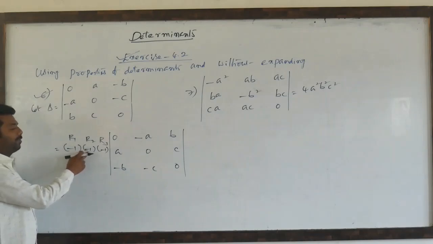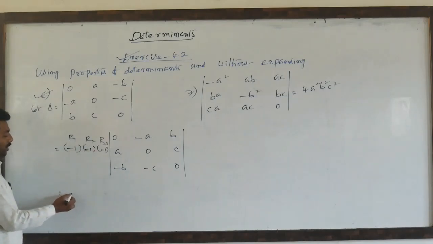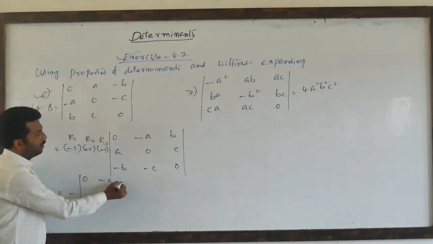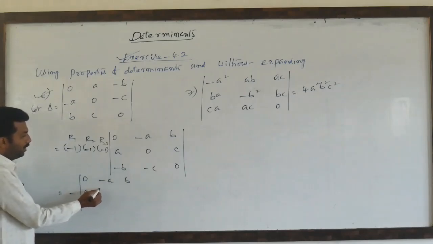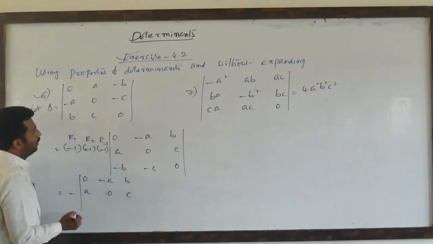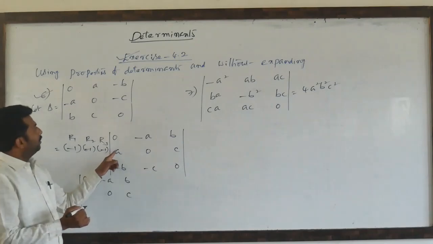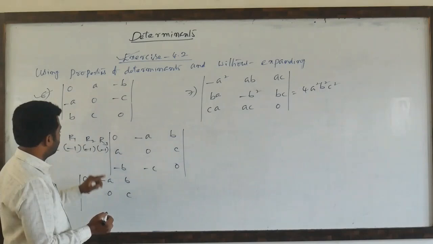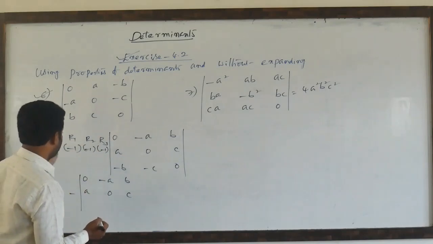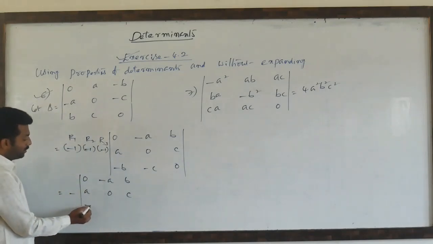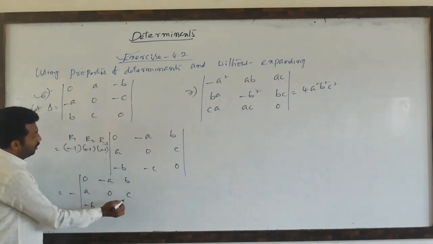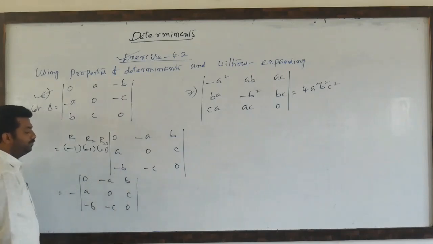Minus into minus, plus into minus, so totally this is a minus result. So this is 0, minus A, B, A, 0, C. Here if I take minus common, this is minus B, minus C, 0.